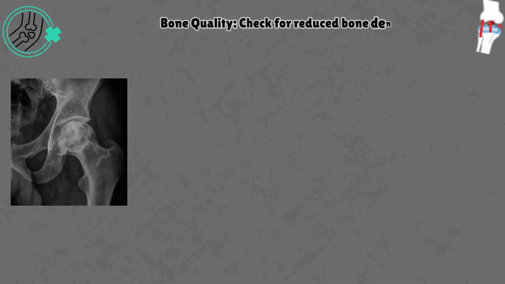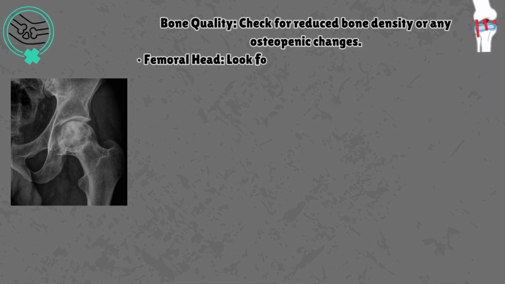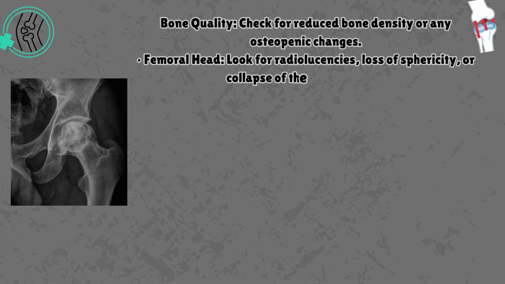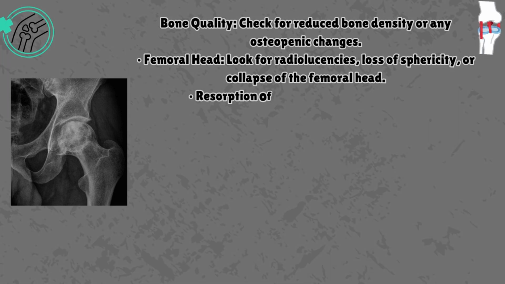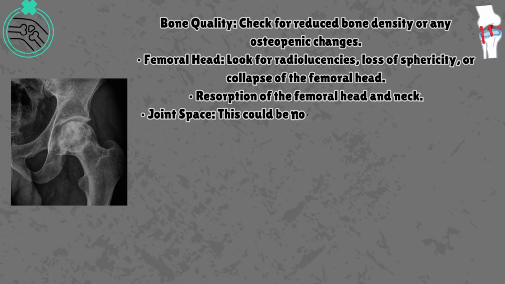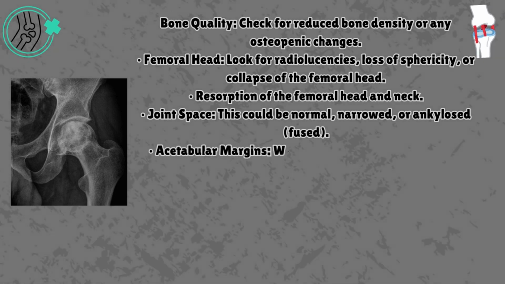Look for the following signs. Bone quality. Check for reduced bone density or any osteopenic changes. Femoral head. Look for radiolucencies, loss of sphericity, or collapse of the femoral head. Resorption of the femoral head and neck. Joint space. This could be normal, narrowed, or ankylosed or fused.